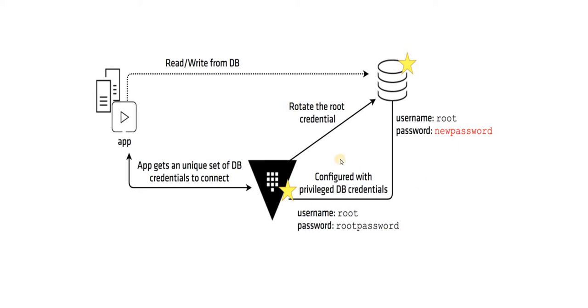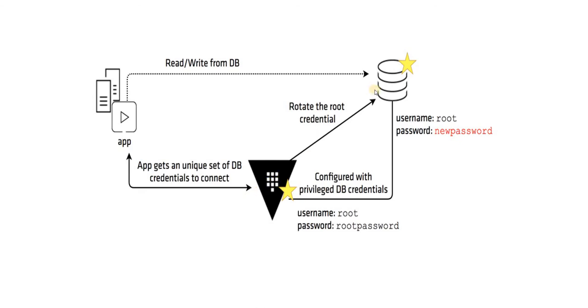As you see in the diagram, the app here is a Spring Boot app, connects to the HashiCorp Vault, and the Vault connects to the Postgres database. Now, the app needs a username and password to do the read write into the database. The way it does is the app connects to the HashiCorp Vault.